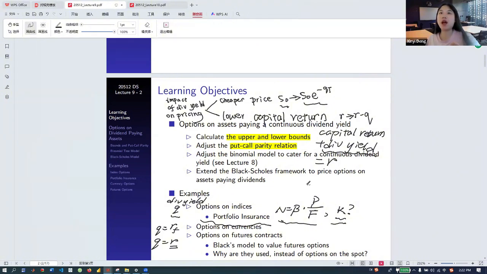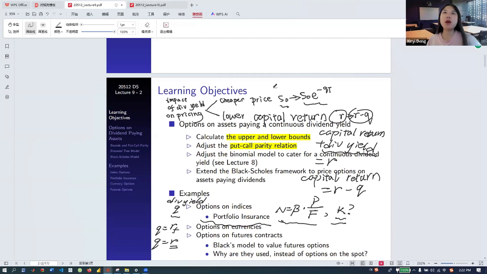Therefore, the capital return is just R. But for today's examples, since we have Q not equal to 0, the capital return would be equal to R minus dividend yield, therefore R minus Q. So in the previous pricing relationships we learned, more specifically just the binomial model, we just replace R with R minus Q.